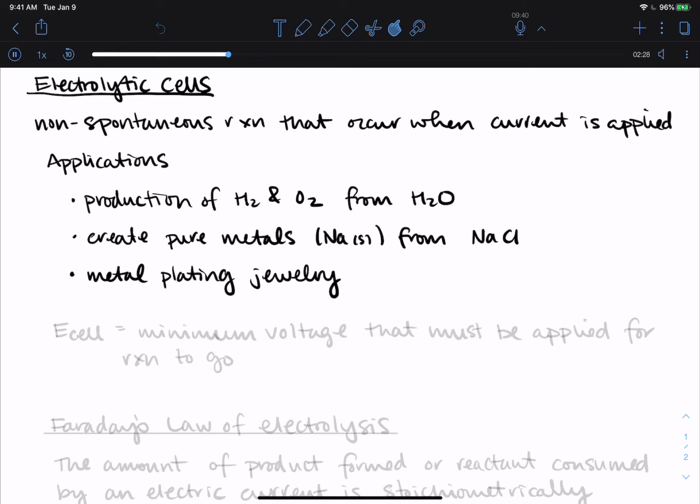So when you set up an electrolytic cell and you calculate a cell potential, what that cell potential tells you is the minimum voltage that must be applied for the reaction to go.